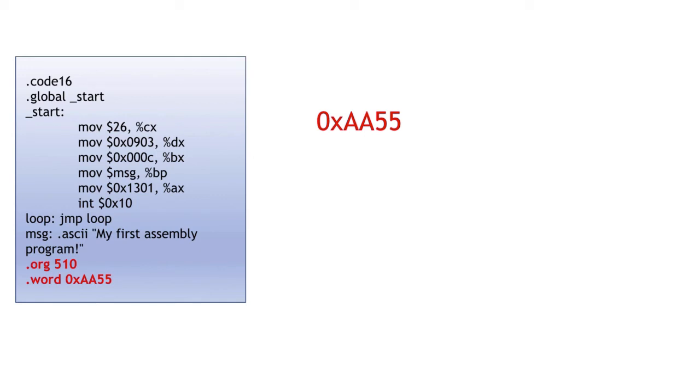.org 510 tells the assembler to put the next instruction or data from the 510th byte of the whole executable file. As by now, the machine code is far less than 500 bytes, so this will let the assembler fill a number of zeros in between the end of the MSG string in our program and the location of the 510th byte.